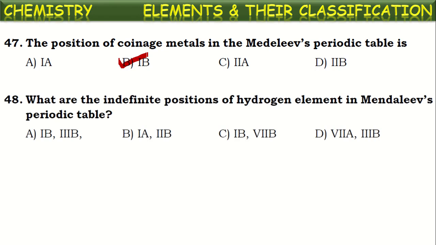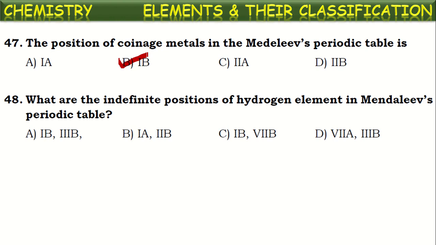indefinite positions of hydrogen element present in the Mendeleev's periodic table? So based upon its chemical properties, hydrogen was given 2 positions in the Mendeleev's periodic table. We can say as it is also one of the limitations or drawback of the Mendeleev's periodic table, isn't it?